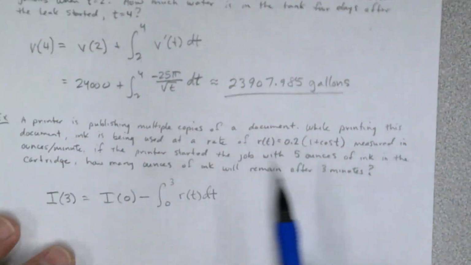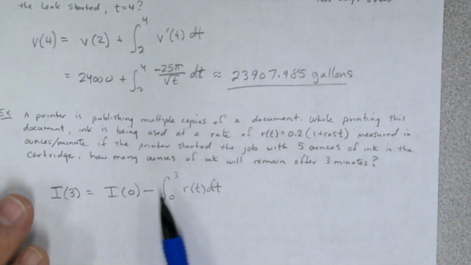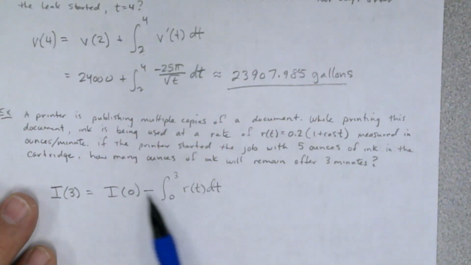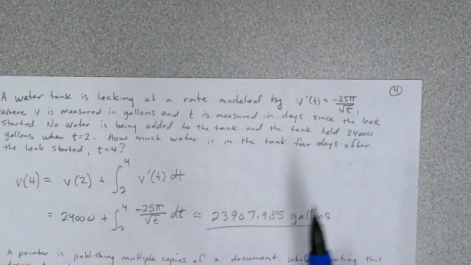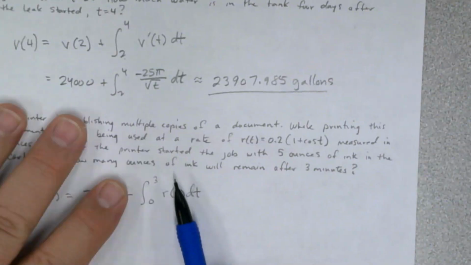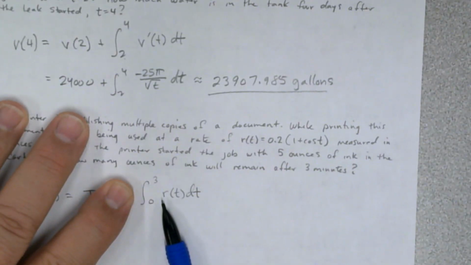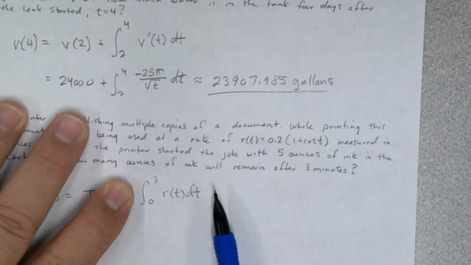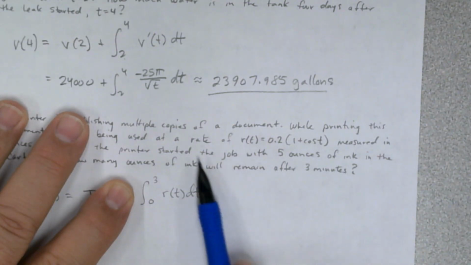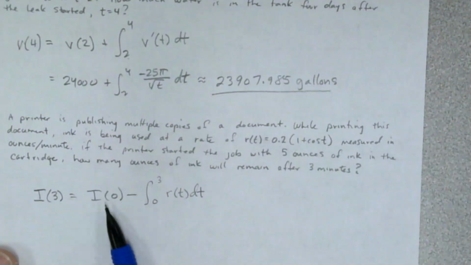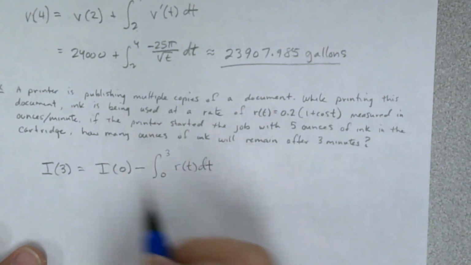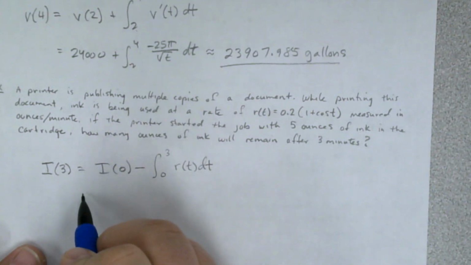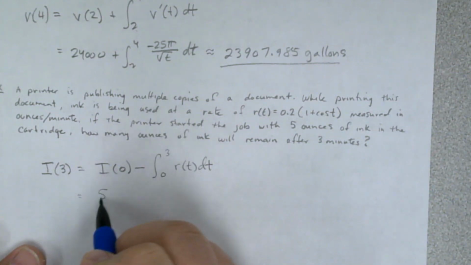But here, when I integrate this thing, I'm getting the total amount that I used. It's not how much I was left with. So I needed the total amount minus that, and that's why there's a minus sign here. And then you can just work this all out, and you can get it as 5 minus this.